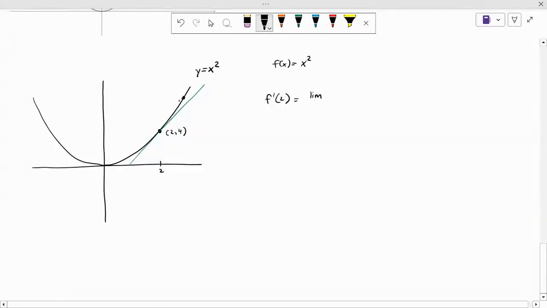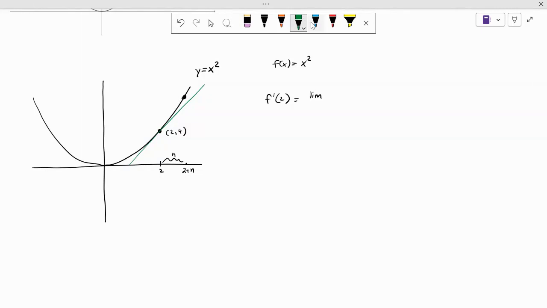The idea is that you would add a small amount to 2 and find a point nearby, draw a secant line, write down the slope so that the function at 2 plus h minus the function at 2 divided by changing the x values of h. And then we take a limit as h goes to 0 so that at the limit our secant line becomes our tangent line.